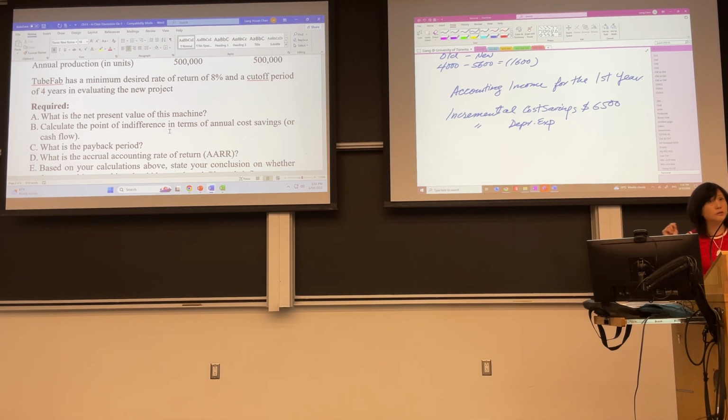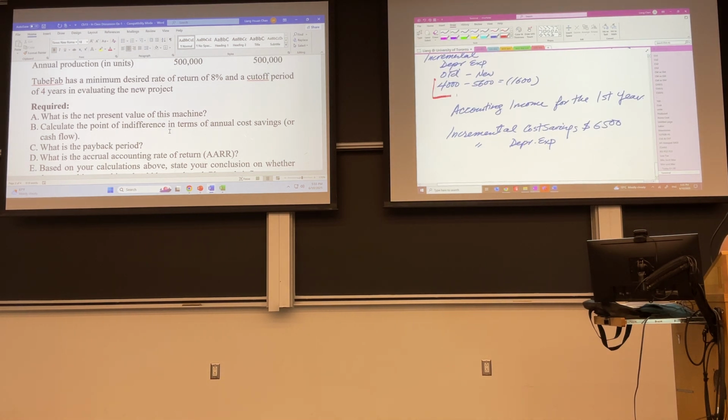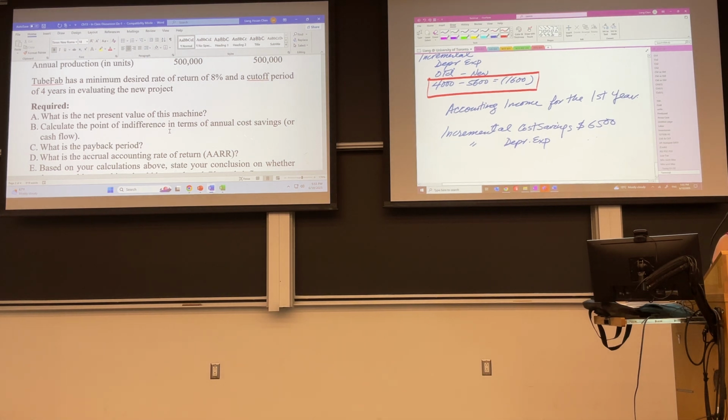So make sure you practice. Okay, so incremental depreciation expense is right here. $1,600, because the old 4,000, new 5,600, so additional 1,600. This is accounting income. You subtract depreciation expense, normal.